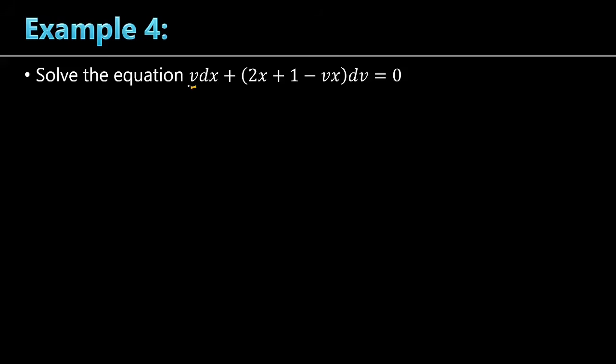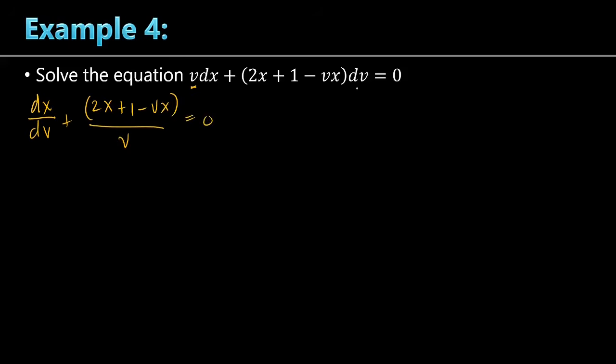Okay? So, dividing both sides of the equation by dv, may makukuha tayong dx over dv plus, etong buong term na to, 2x plus 1 minus vx divided by v, equal 0.